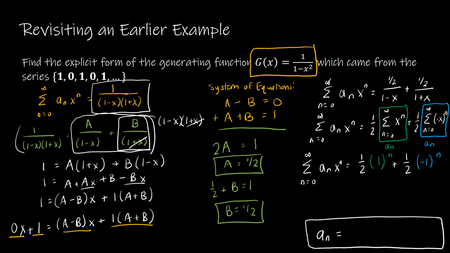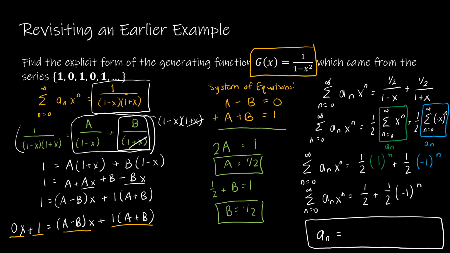And again, I'm building on knowledge that we've looked at previously. So what's 1 to the n? Well, 1 to the n is always 1. So as I'm writing my series, 1/2 times 1 is just 1/2. And then 1/2 times negative 1 to the n will stay just like that.